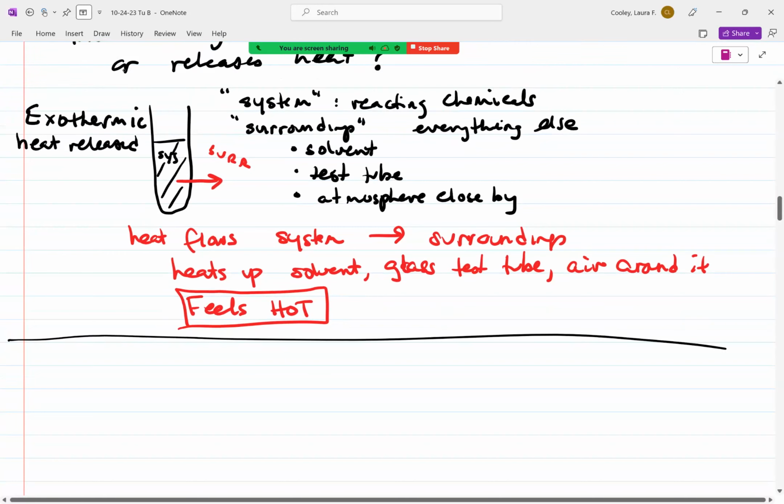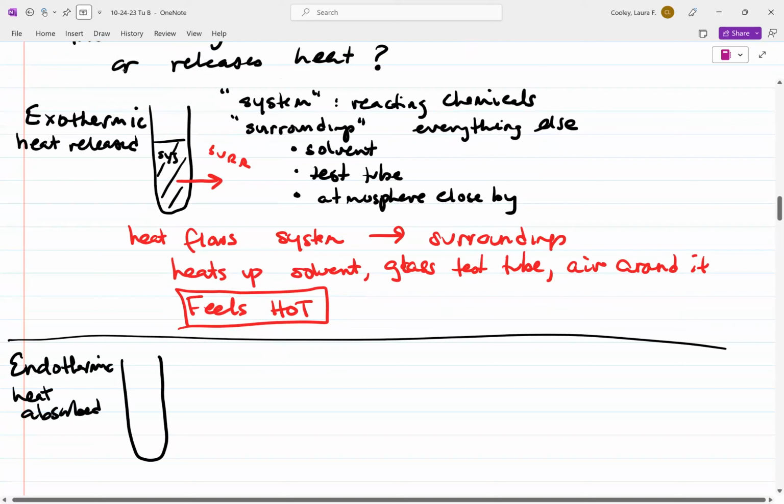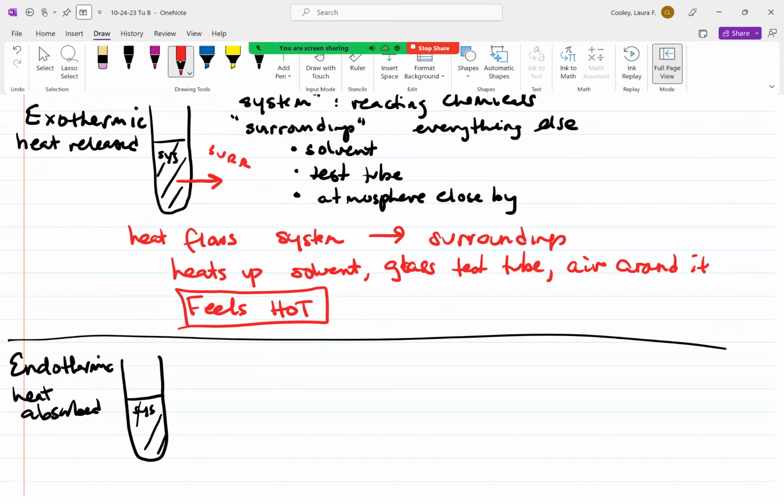But you can also have the opposite case, where you have endothermic. So heat is absorbed. So again, you have your system, your reacting chemicals, and then you have your surroundings. So you have to think about if a reaction requires heat, and you're holding this test tube, where's the heat coming from?